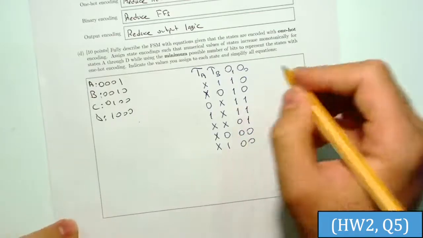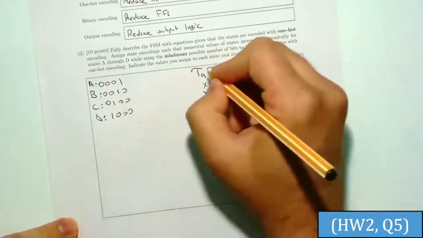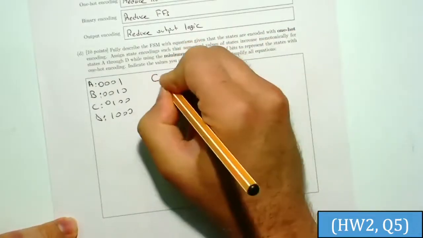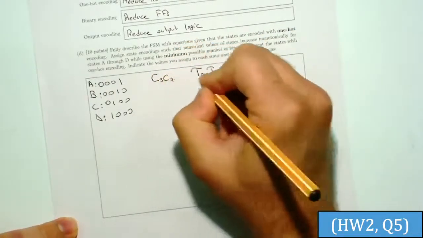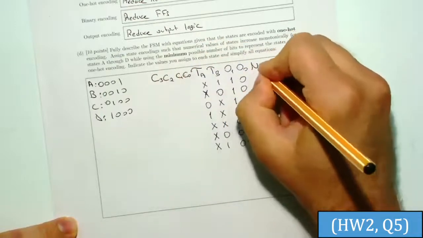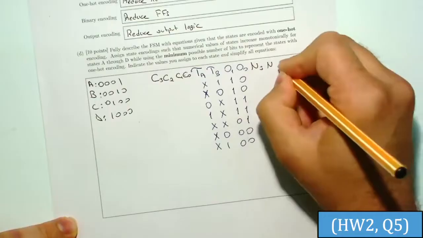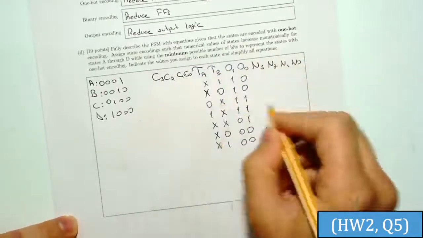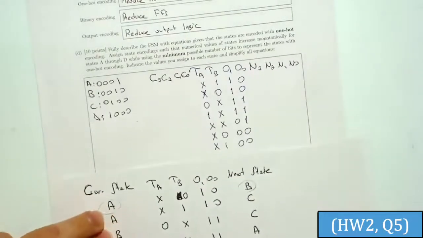I'm going to put that into the table that I've written here. I'm going to represent the current state as C3, C2, C1, C0, and the next states as N3, N2, N1, and N0.